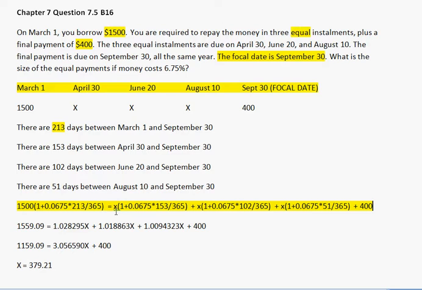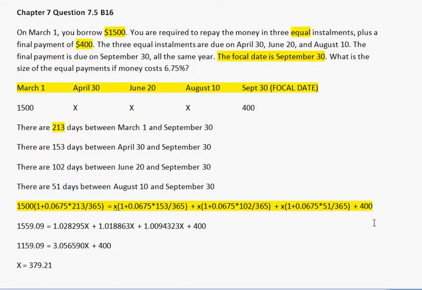Each of the 3 equal repayments we call X. So there are 3 terms involving X, matching up with the 3 dates, April the 30th, June the 20th, and August the 10th. These 3 terms with X in are identical except for the number of days, the time, 153, 102, and 51 days.